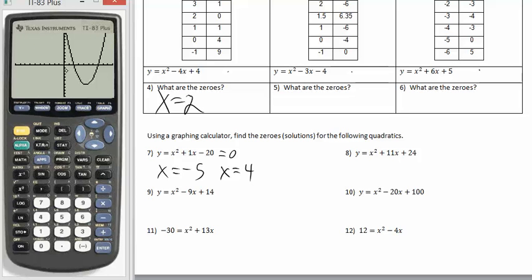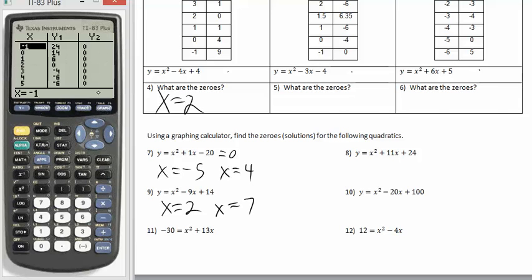And we can see that our solutions are x equals 2 and x equals 7. It's a good idea to get into the habit of looking in the table and making sure that it's exactly at those points and not at a decimal near it. So at 2 and at 7, y is equal to 0.